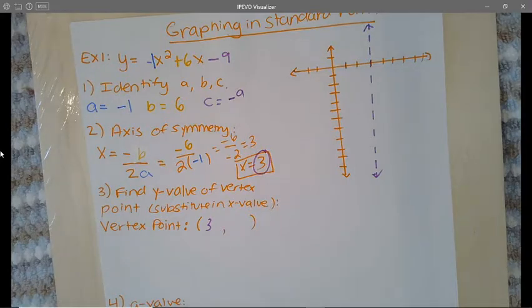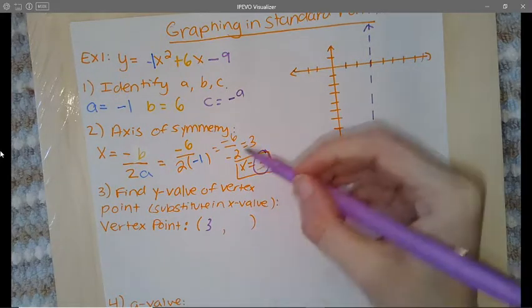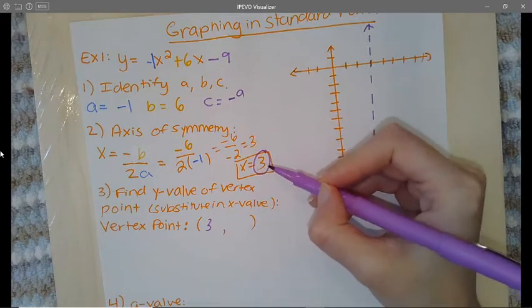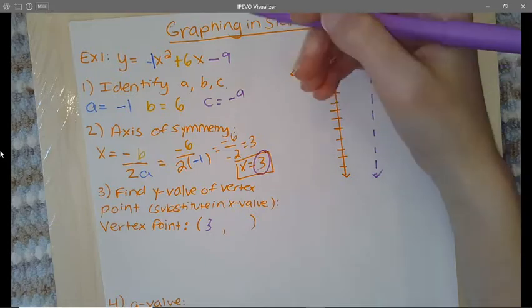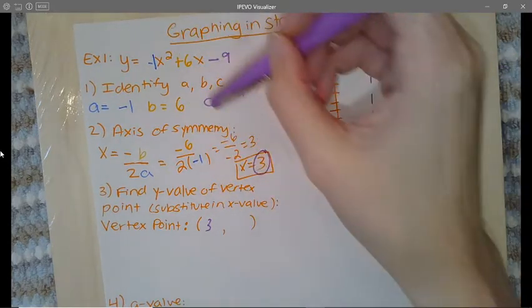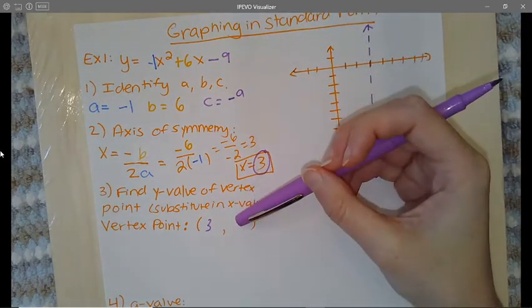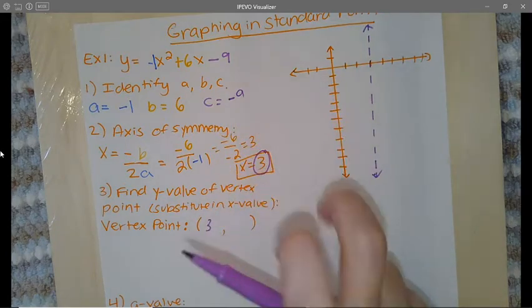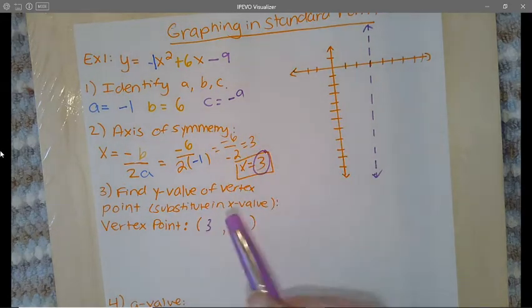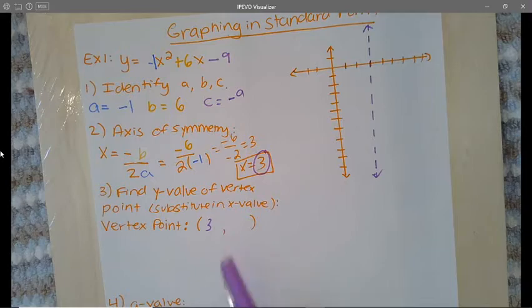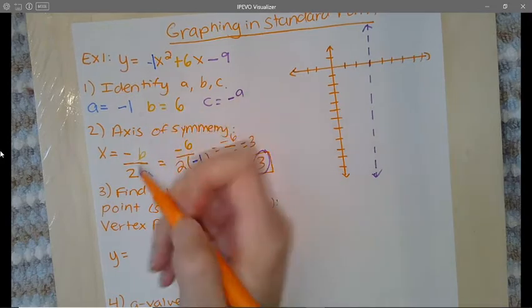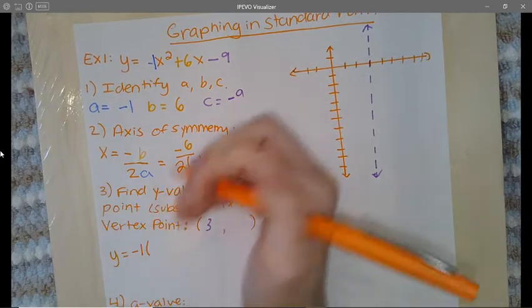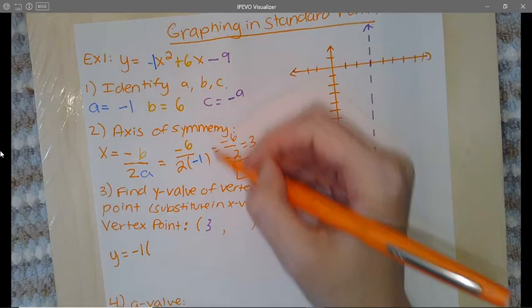All right, now how we find the y value, we are going to substitute in our axis of symmetry value for x and solve for y. So I'm going to replace every single x with the 3, and that will give me the k value of my vertex point, which is essentially the y value because it's the second point. So we're going to have y equals, let's see here, we have a negative 1 out in front, so negative 1, I'm going to replace my x with a 3.